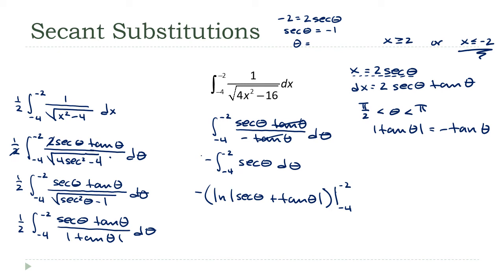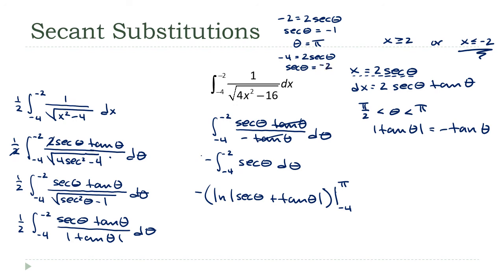That's going to be at pi. So I'm going to replace this -2 down here with pi. All right, now do it again with -4. -4 equals 2 secant theta, which means secant theta equals -2.